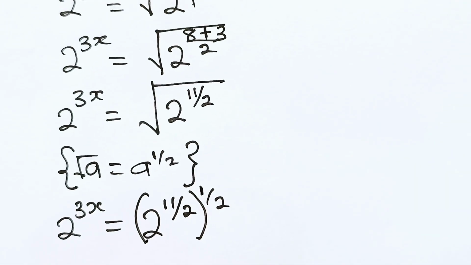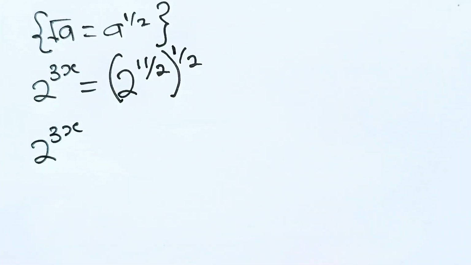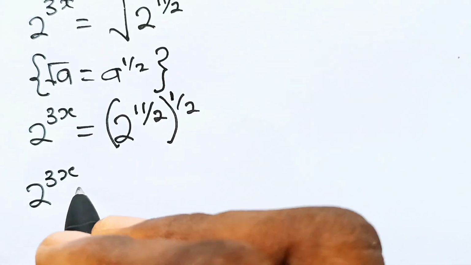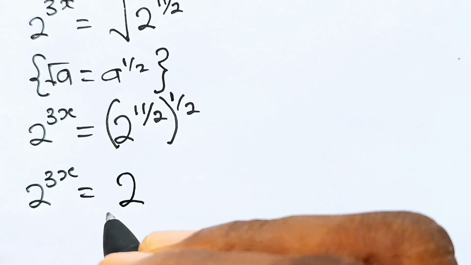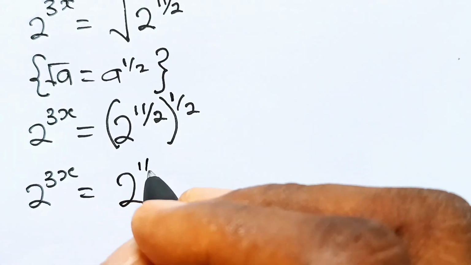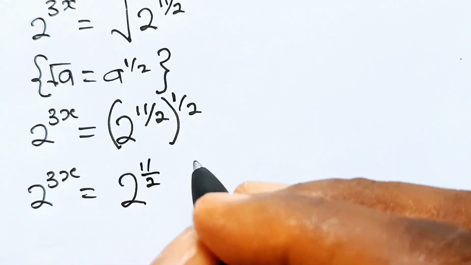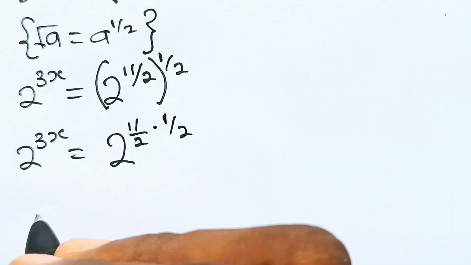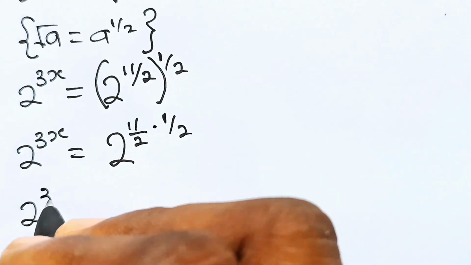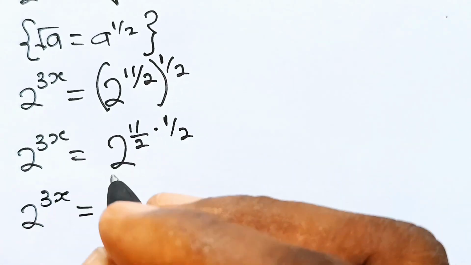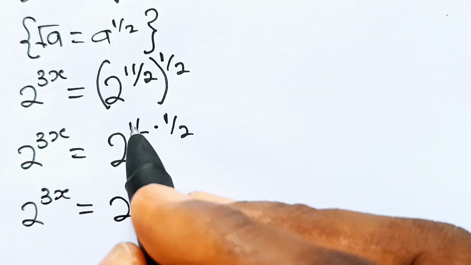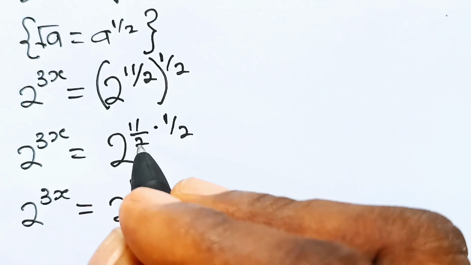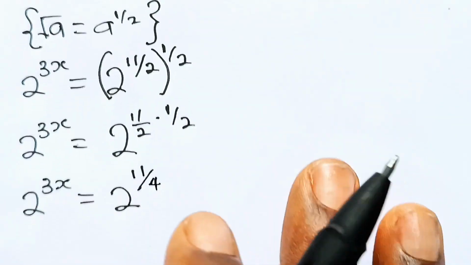So we have 2 to the power of 3x is equal to 2 to the power of, remember that this is 11 over 2 multiplied by 1 over 2. So 2 to the power of 3x is equal to 2 to the power of 11 times 1 is 11 and 2 times 2 is 4.